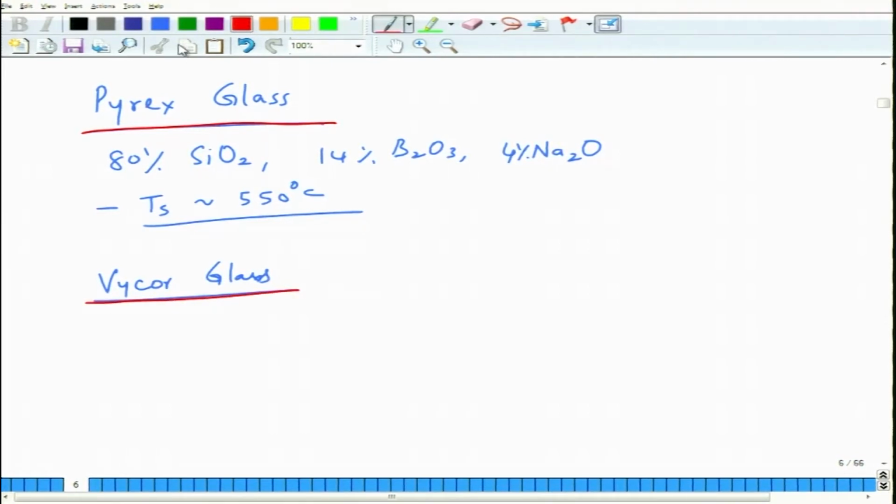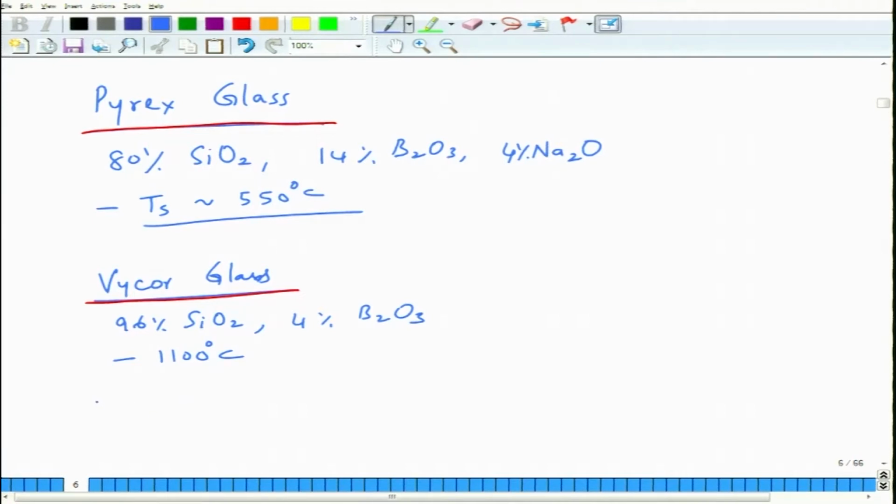It contains 96% silica and 4% boron oxide. This softens at about 1100 degrees centigrade, so higher than Pyrex glasses. So where you require even higher temperature stability, you use this boron substituted silicate glass.